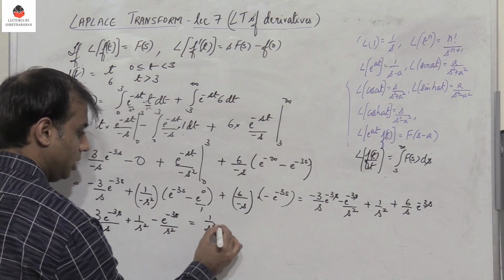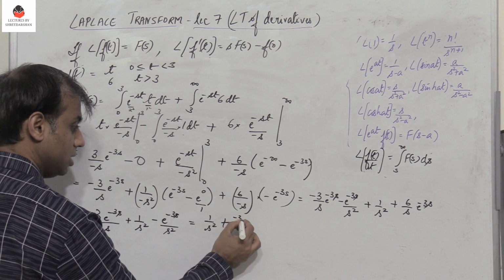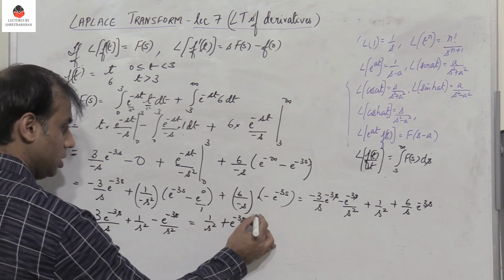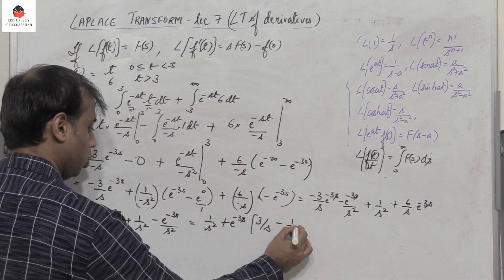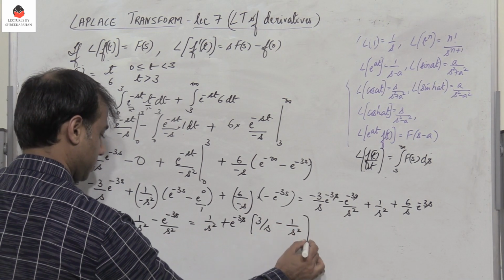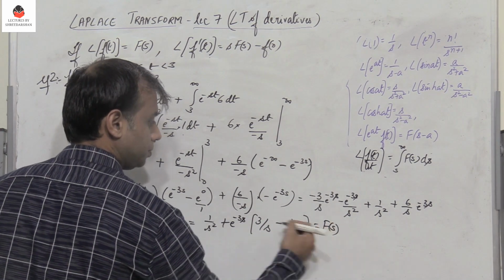If required, you can take e power minus 3s common. So e power minus 3s, if I take it common, you get 3 by s minus 1 by s square. So this is equal to F of s.